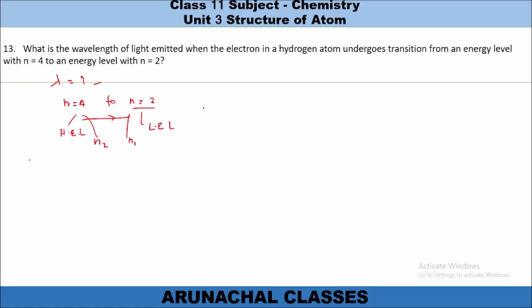Now we can see it is the case of a hydrogen atom, which has atomic number Z equal to 1. Now we will use the Rydberg equation.